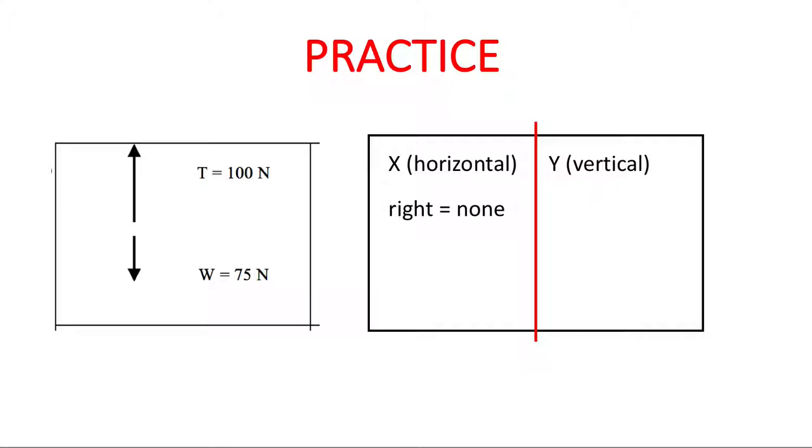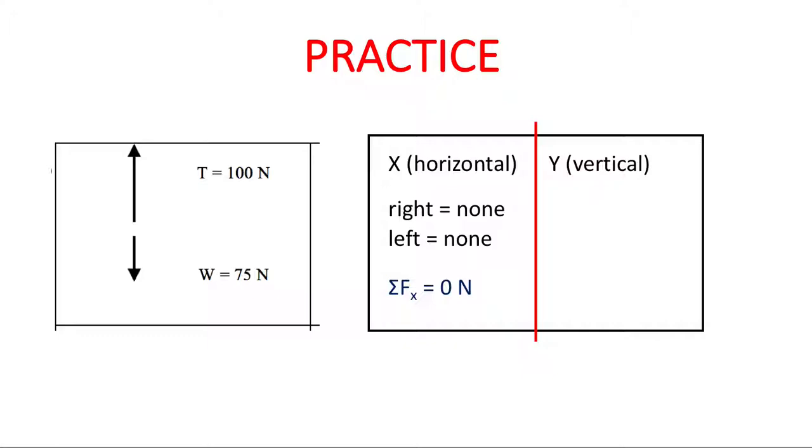And in this picture, there were none. Were there any forces pointing to the left? In this picture, there were none. That makes the x dimension really easy to deal with. The sum of the forces in the x dimension equals 0 newtons. Nothing is happening horizontally.